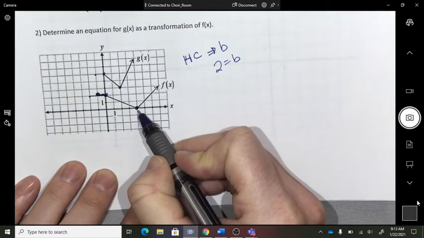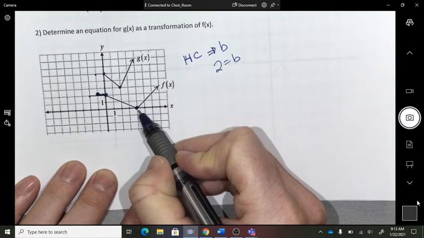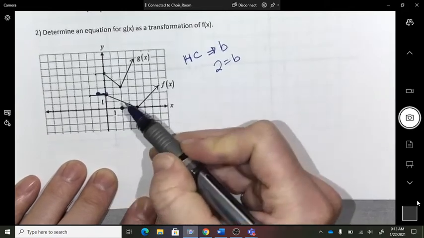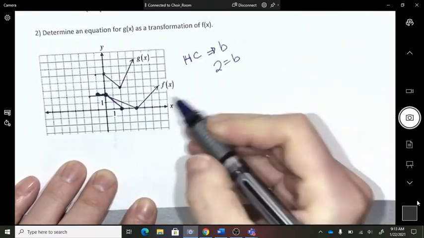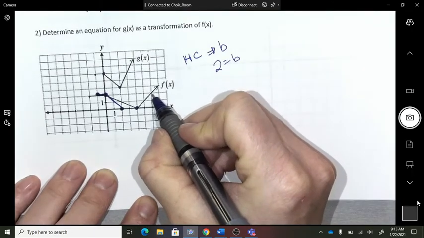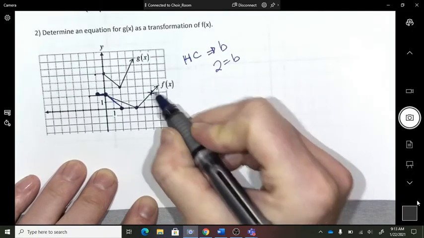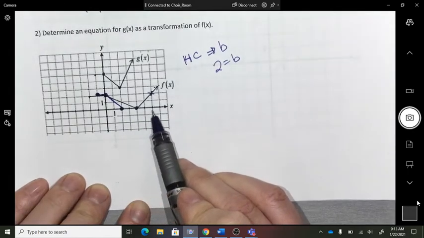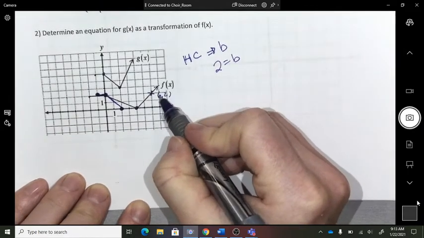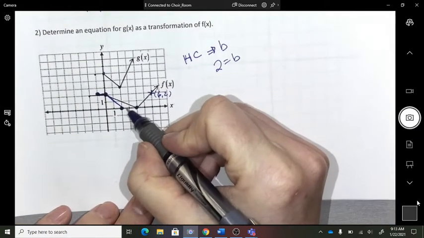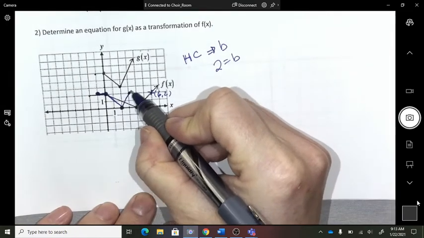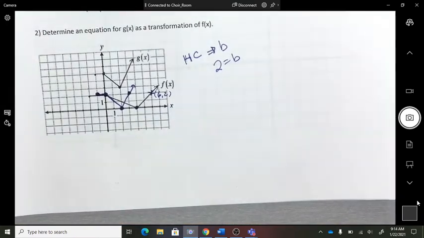This x coordinate was at 4, so it would have to move to 2. And then how about that point right there, which is at 6, 2. Where do you move 6, 2 if you're squishing it in, horizontally compressing it? You would move it to 3, 2.